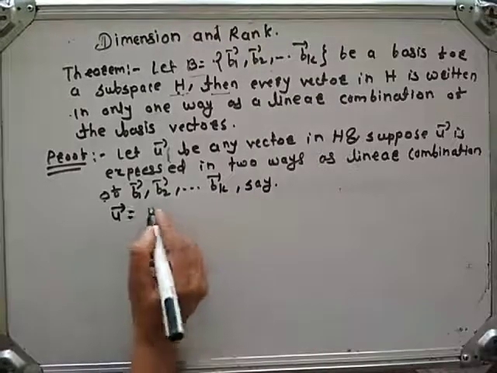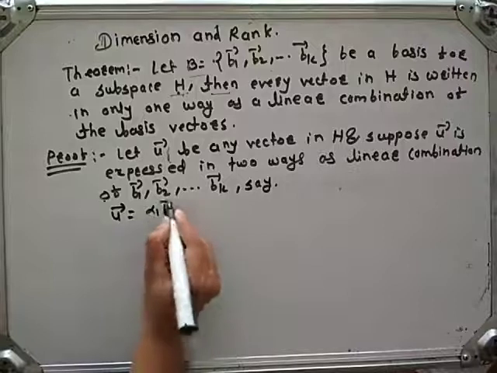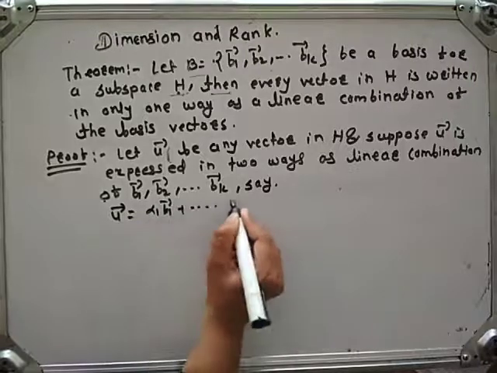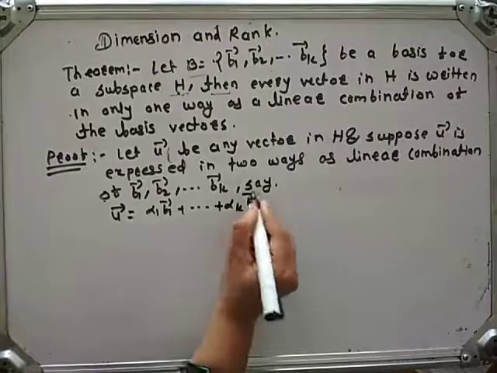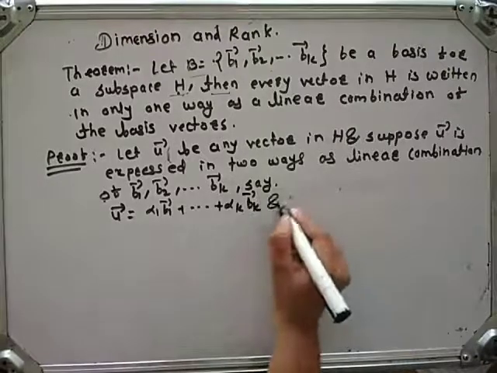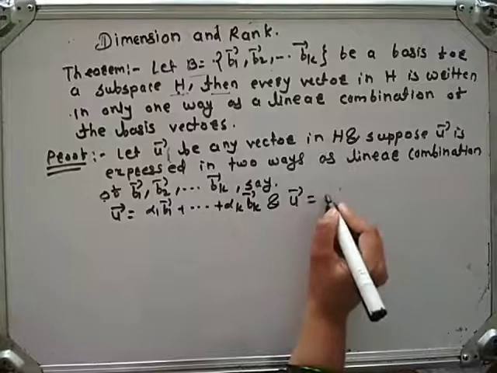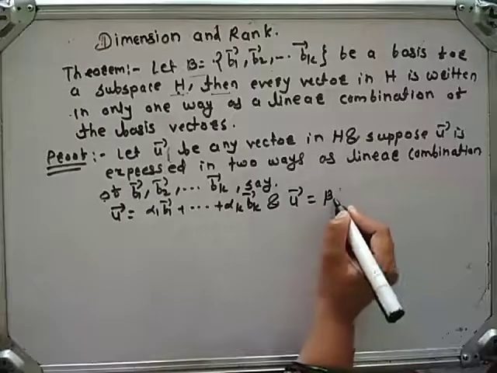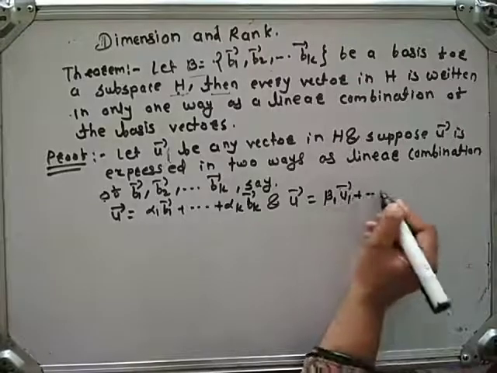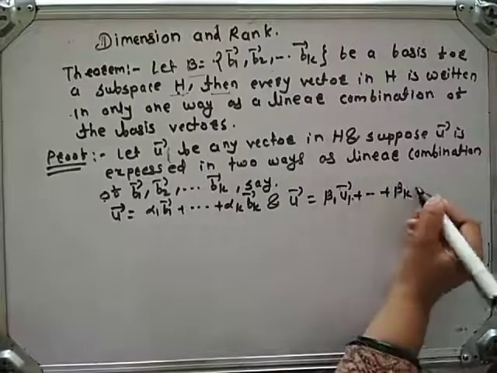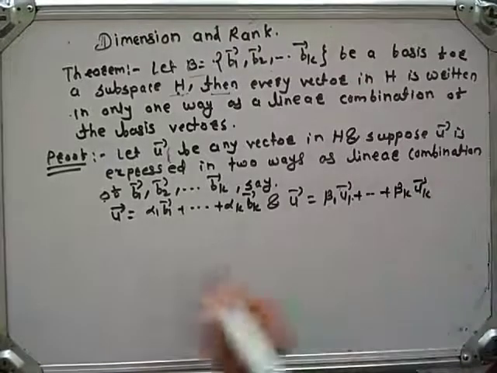Suppose U bar is equal to alpha 1 into B1 bar plus and so on up to alpha k into Bk bar. Okay. And also U bar can be written as beta 1 into B1 bar plus and so on up to beta k into Bk bar. Okay.